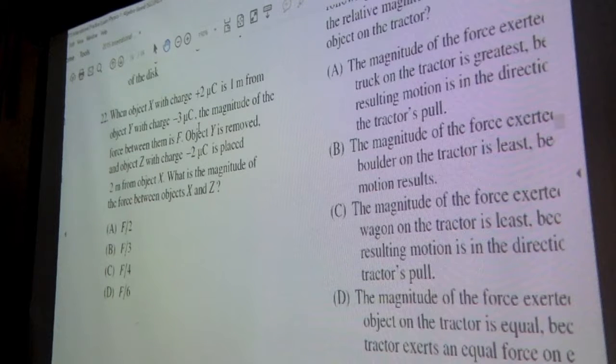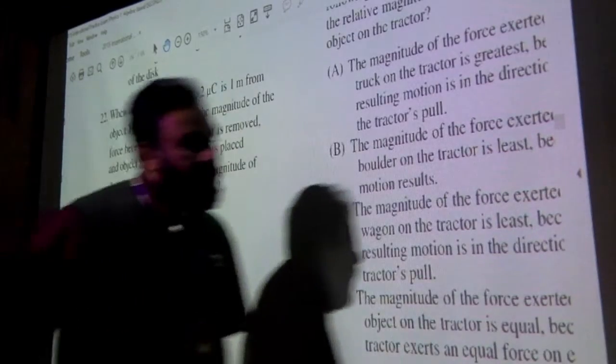So 6 F. And when you change the distance to D, what's going to happen? What will be the new force? It's 4 divided by 4. Wait. Yeah. It's 1, so it's 1 6. You have to write it down, then only you'll get an idea. Unless you write it down, you won't get it.